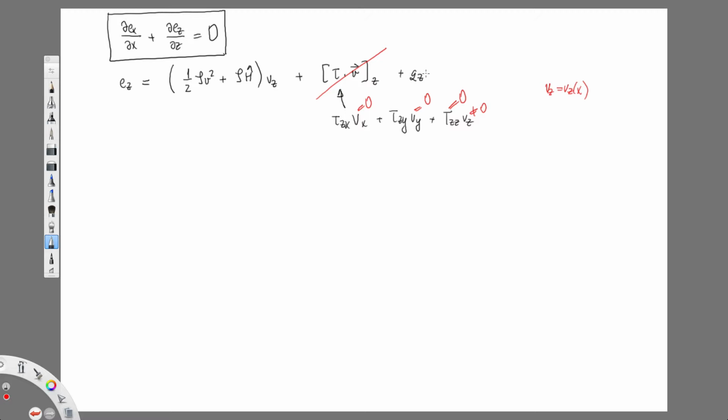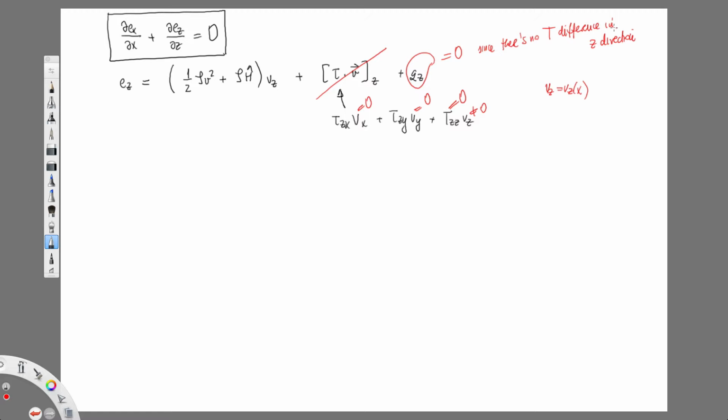So this is going to be 0 since there is no T difference in the Z direction. There's nothing to drive my basic Fourier's law in the Z direction.